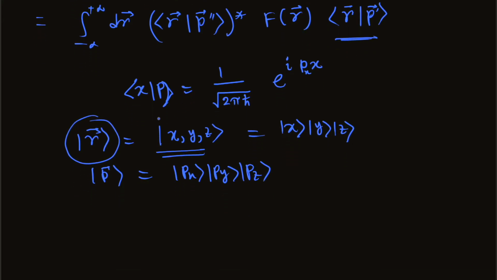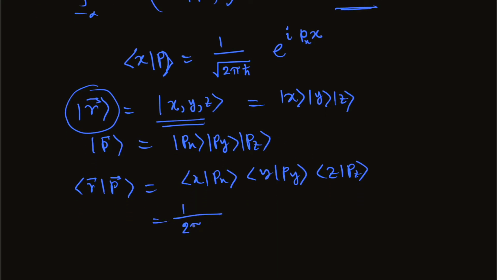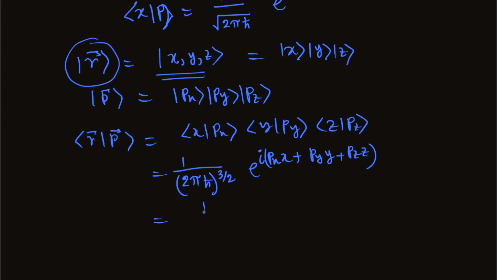So it will be 1 by (2 pi h cut) to the power 3 by 2, e to the power i (px x plus py y plus pz z) over h cut. That means 1 by (2 pi h cut) to the power 3 by 2, e to the power i p dot r.